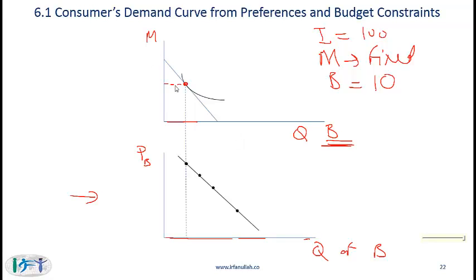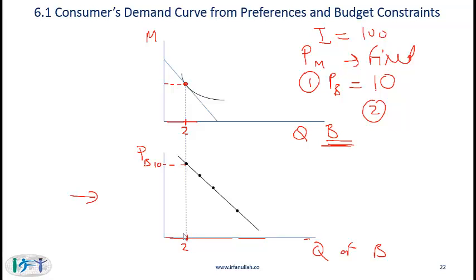So initially, let's say our income is 10, price of milk is fixed, and in our first scenario, the price of bread is 10. That defines a particular budget constraint, and given the consumer's preference, we have a tangent point over here, and let's say that the quantity of bread is 2. So we can say if the price of bread is 10, then the quantity demanded is 2.